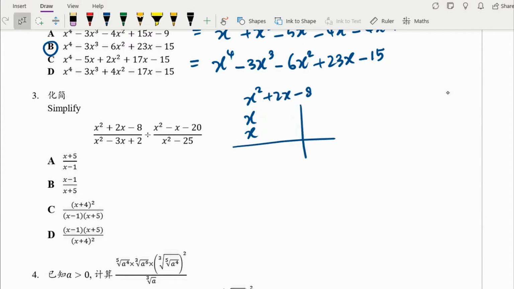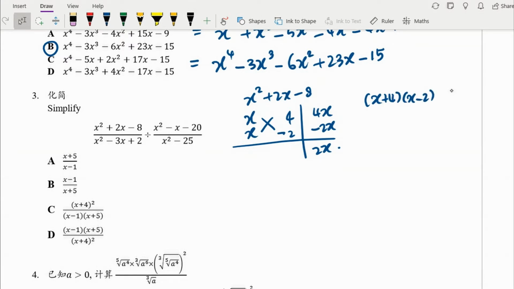You just use this method. x times, then what times what will give you negative 8? Should be 4 times 2, right? One of them should be negative, and you want the sum to be positive too, so the negative should be here. So that when you cross multiply, you have 4x minus 2x, you get 2x. So we know that this part should be x plus 4, x minus 2.